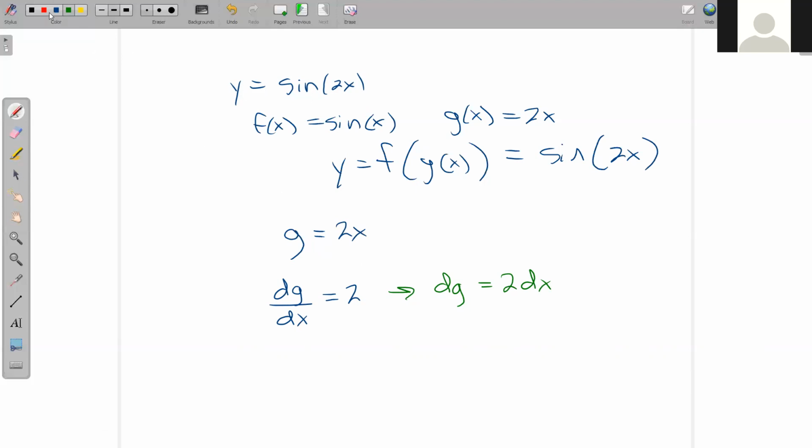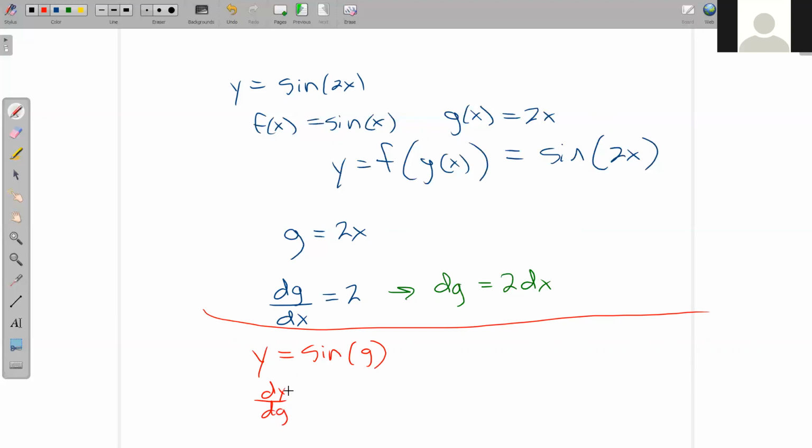Next, let's look at the sine of x. So sine of x, I'm just going to call that y like I did above. So y equals the sine, but this time instead of calling it x, I'm going to call it the sine of g. Then the derivative would be dy dg. And a derivative is just a change in the dependent variable divided by a change in the independent variable.